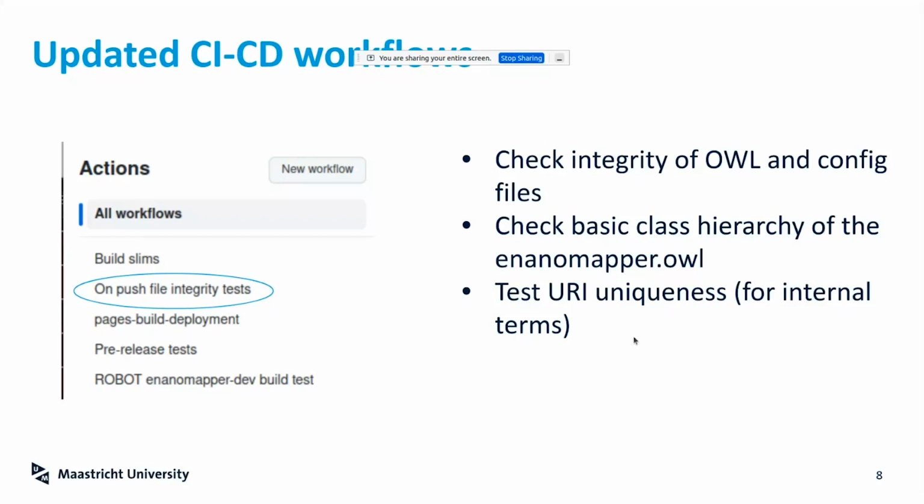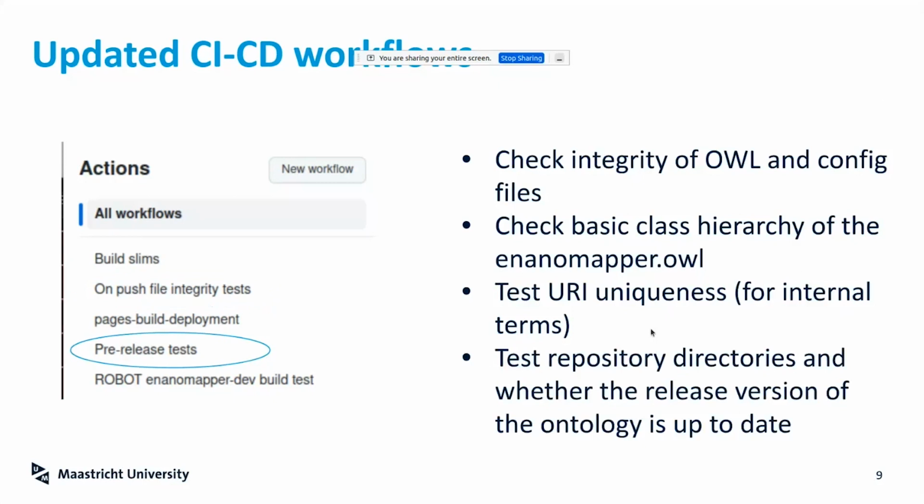And we also test for URI uniqueness for the internal eNanoMapper terms. We have the pre-release tests, which are really similar to the on-push tests. But in this case, we also check that the necessary changes to the directories have been made. So basically that the release version of the ontology is the same as the development version.